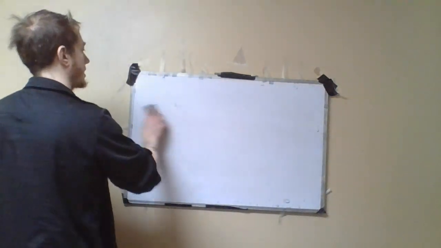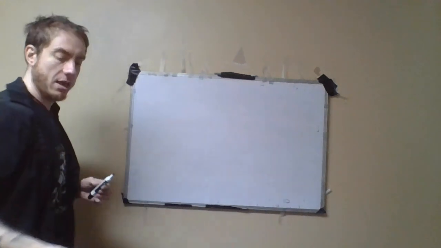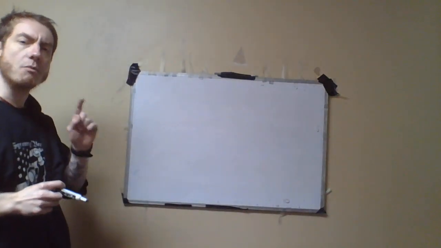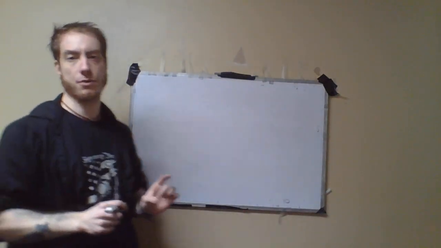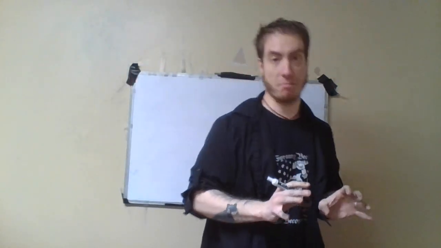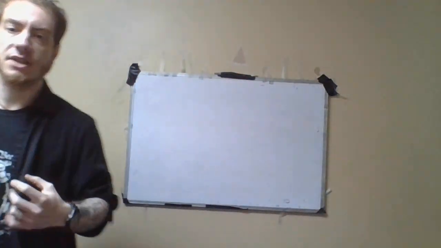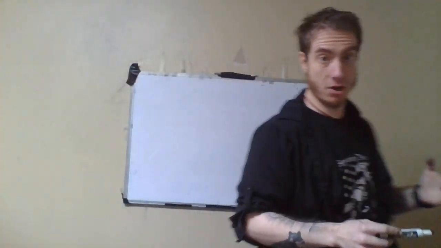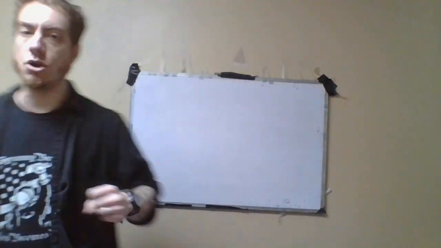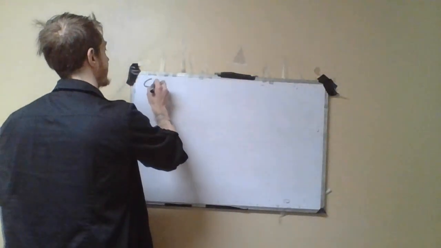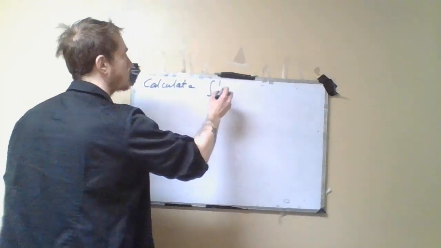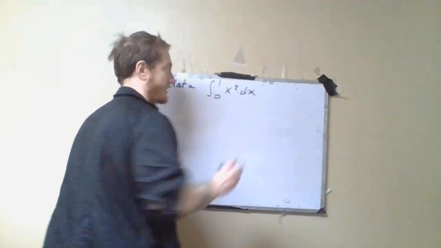Now, here is the real question. How do we know what the Riemann sums converge to, and how do we know that they converge to the same thing? Well, I want to show you an example that we're going to think through, and as we think through the example, it's going to illustrate how to generalize this idea to other cases. So the example I want to do is, let's actually calculate the integral from 0 up to 1 of x squared dx.